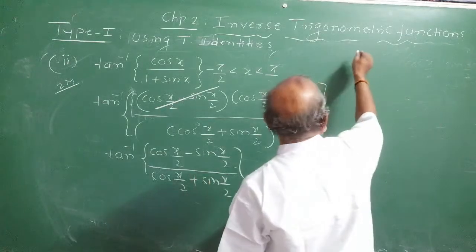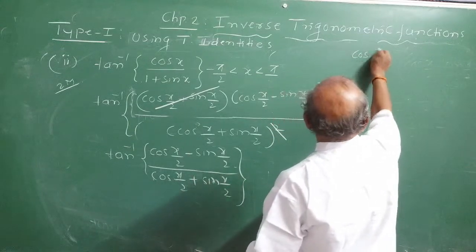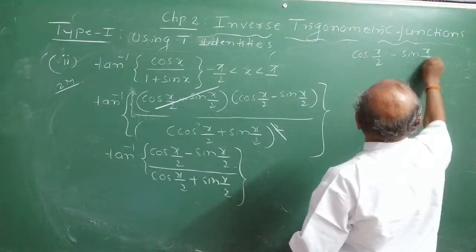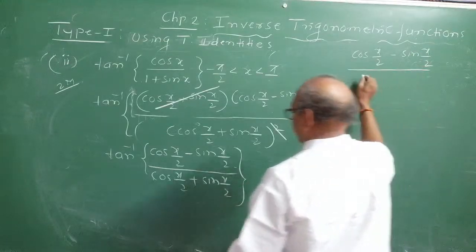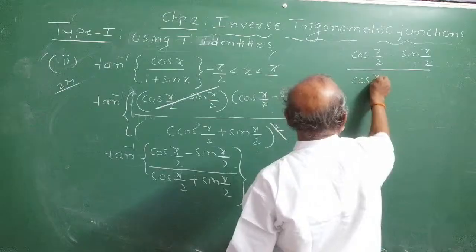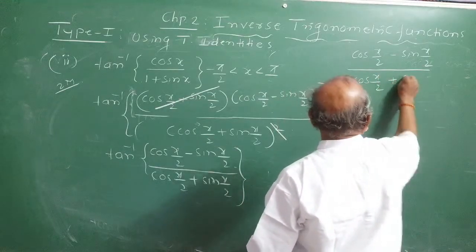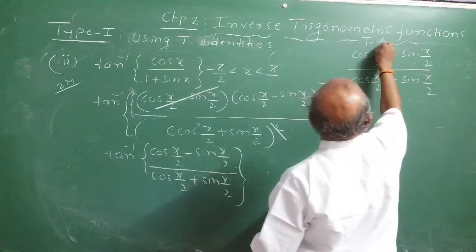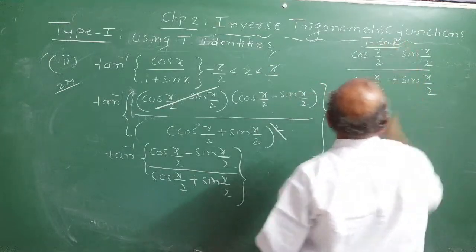Observe here, I will show separately: cos x by 2 minus sin x by 2 divided by cos x by 2 plus sin x by 2. Now we'll do one thing. You can remember it as a time saving result for competitive exams.